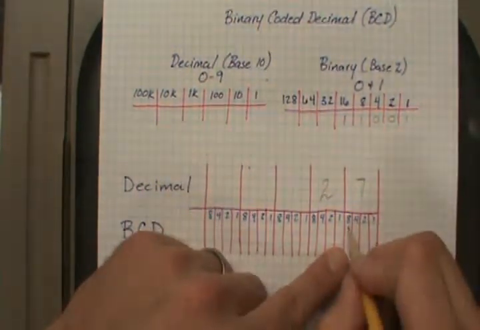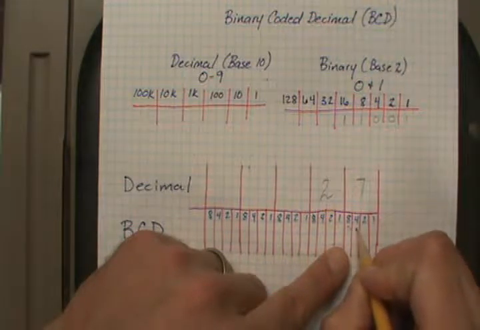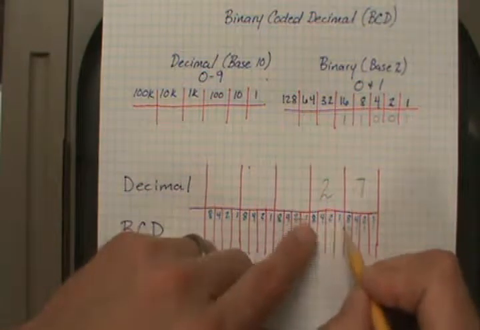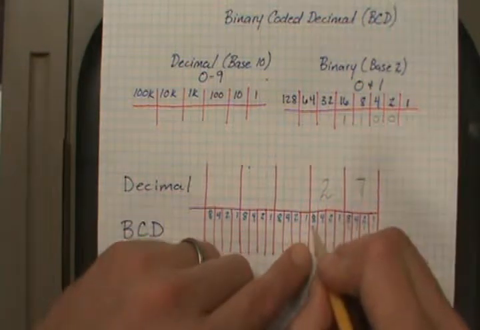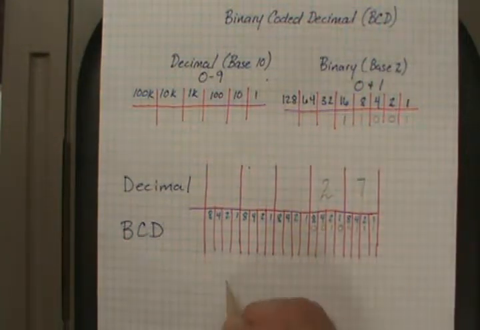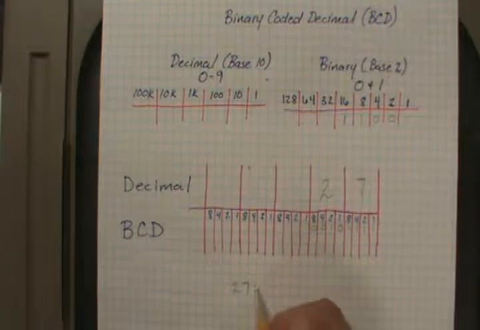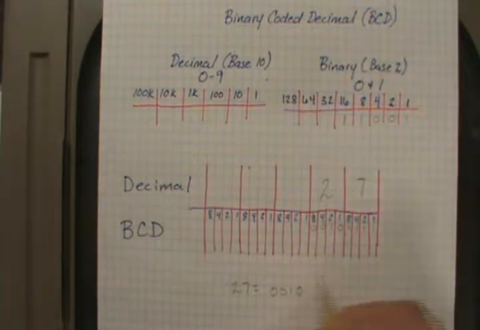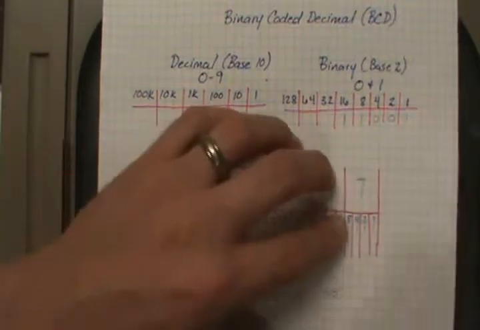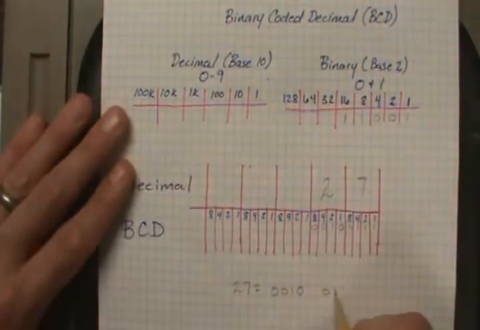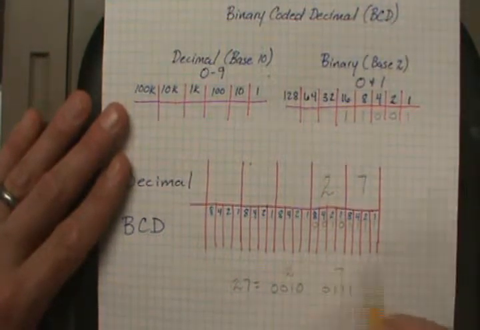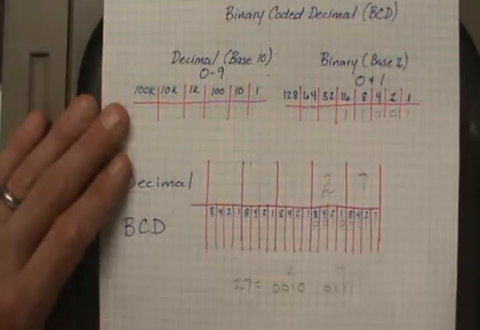So for example, we would say 0, 0, 1, 0 for the 2. Then for this next set of 4 bits, we start over: 0, 1, 1, 1 for the 7. So the way this would read in BCD is that 27 equals 0010 0111, because this is your 2 and this is your 7.